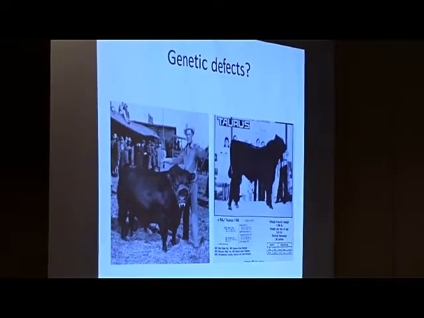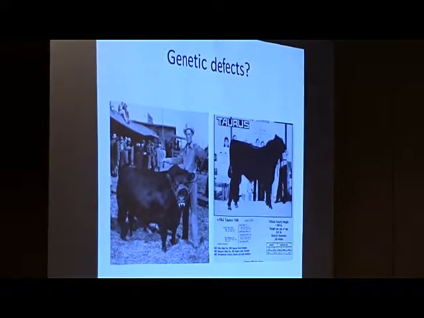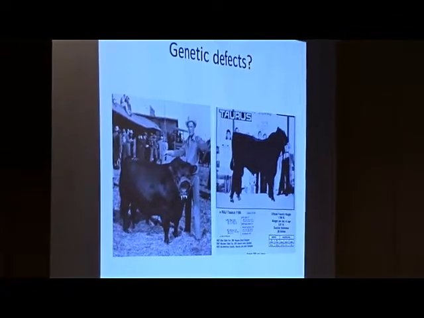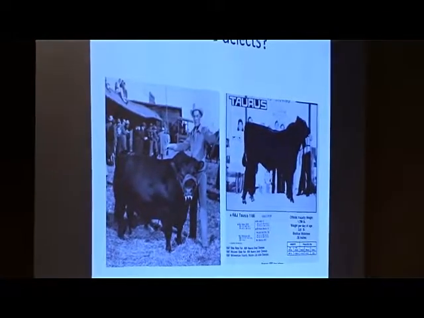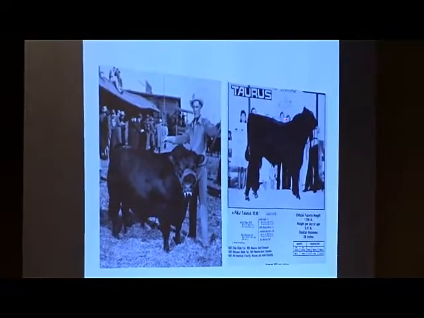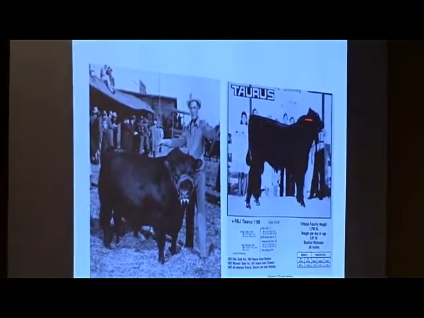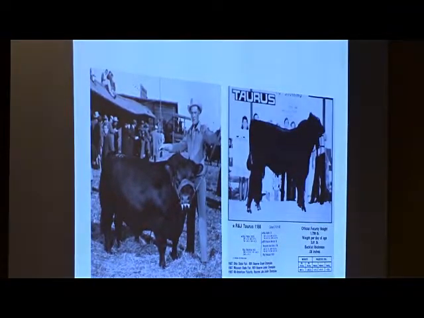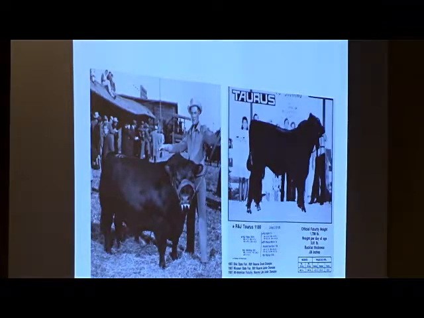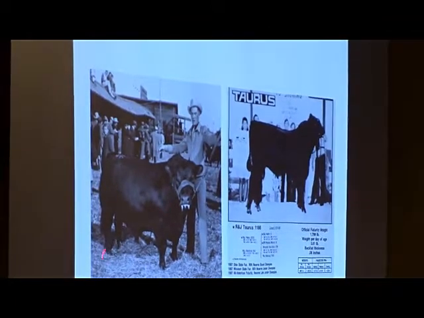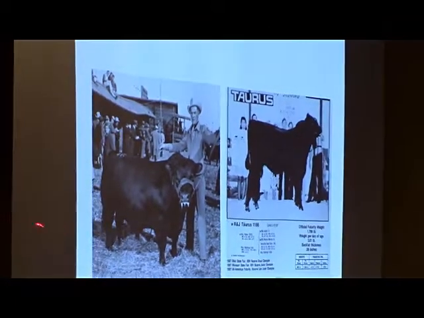Now, okay, what would you call these animals? They're both black. They're both polled. Do you think they have genetic defects? Is that why one is so small, and the other, if you look at the person back here, is probably about 5.5 feet tall? Sure, you can maybe say he has the genetic defect of dwarfism. There is a gene like that.